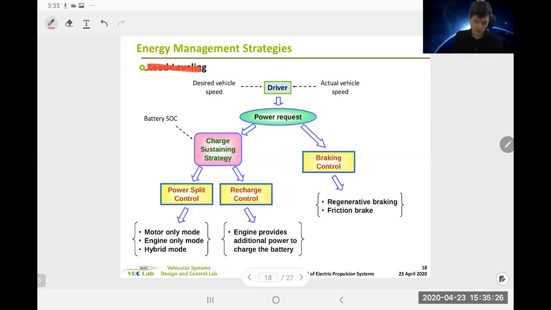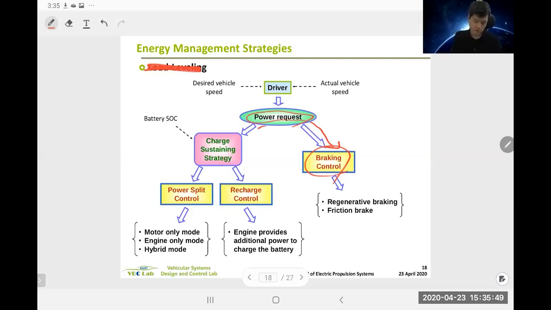For example, the driver asks for power, right? And if negative power is requested, then braking should come in, right? Regen control.